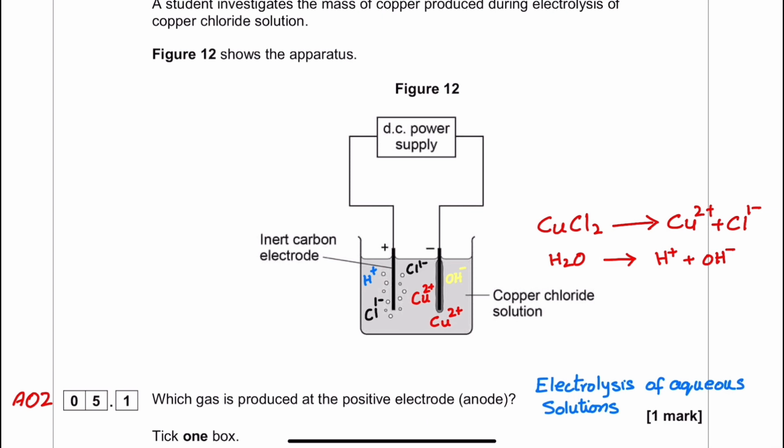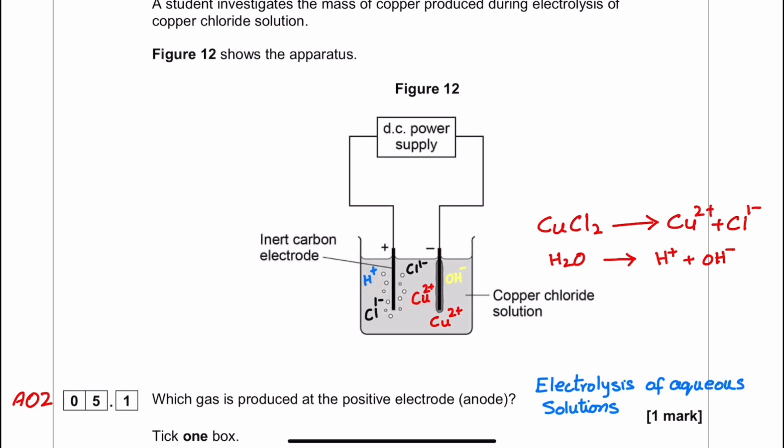positive charge. Both will move towards the negative electrode, which is called the cathode. So hydrogen will move towards the cathode, and copper ions will also move towards the cathode. Who is going to take the electron first, or who will reduce first by gaining the electron? We have to decide between the hydrogen ion and the copper ion.